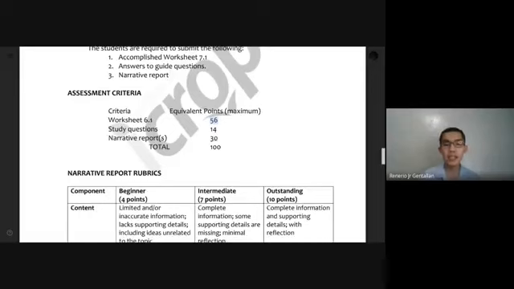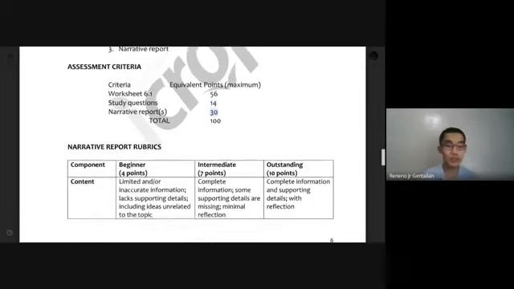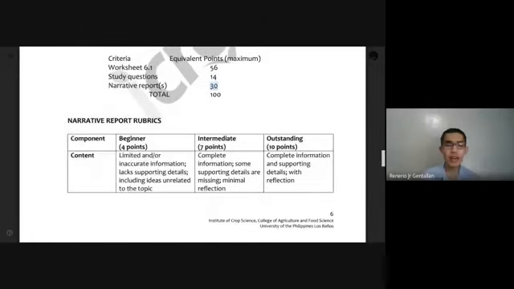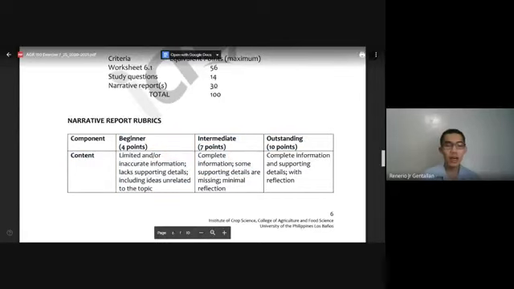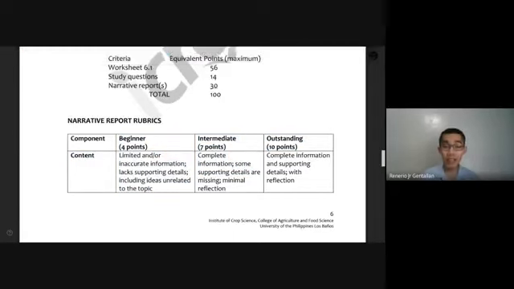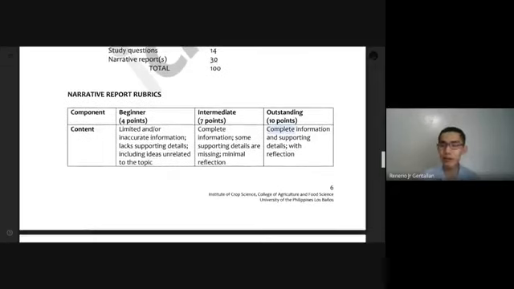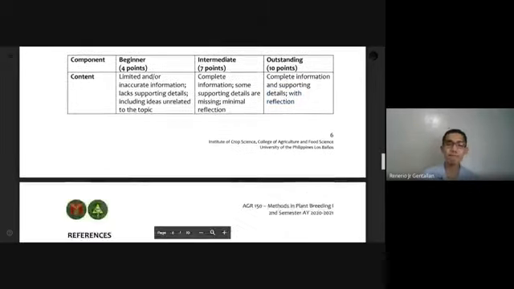Okay, and study questions is 5 points for the 2 questions and 4 points for 1, and the narrative report for a total of 30 points. So the component for the narrative report is just this one. If you want to have an outstanding narrative report, make sure you have complete information and supporting details with reflection. Okay, so that's just very basic.